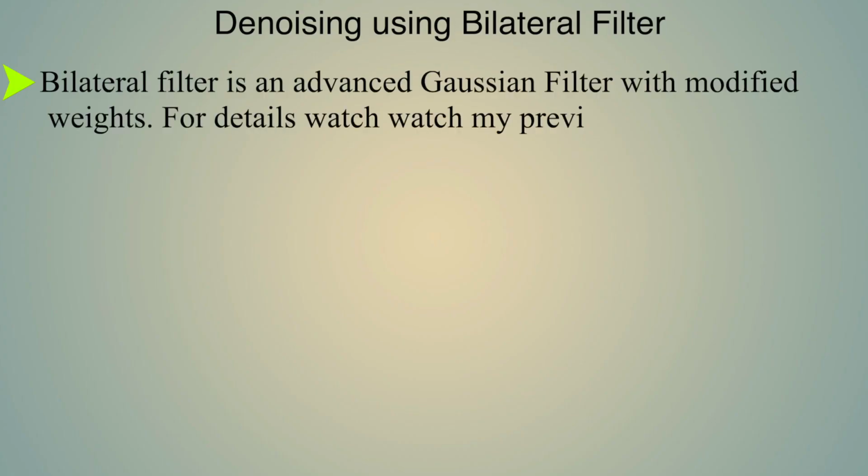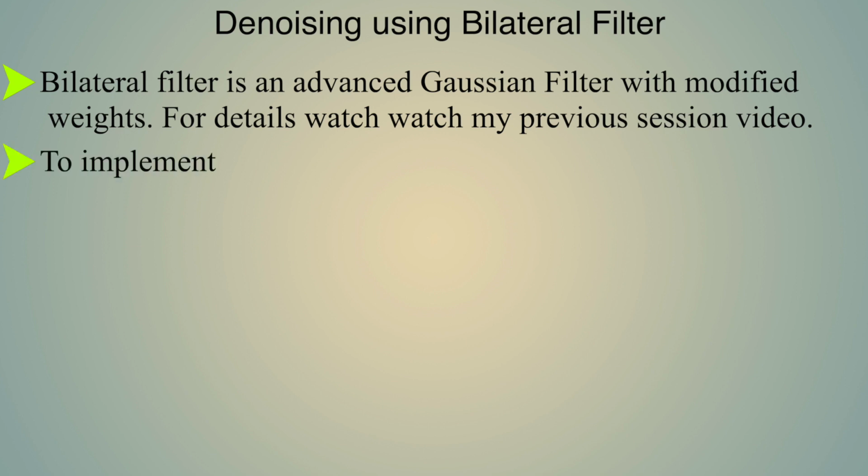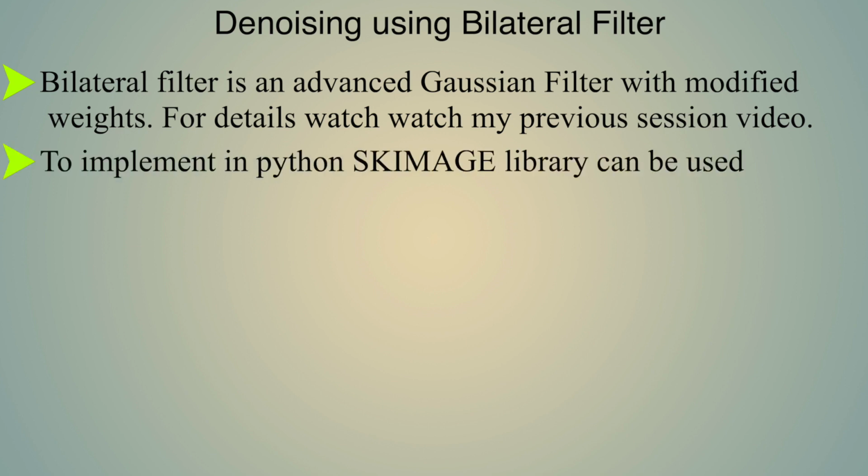I have already discussed in the last session that the bilateral filter is an advanced Gaussian filter with modified weights. So, here I am not going into detail. If you are interested, you can watch my previous session video, where I have given a detailed description of the bilateral filter. Here, for example, I am using the standard function for the bilateral filter available in the scikit-image library.